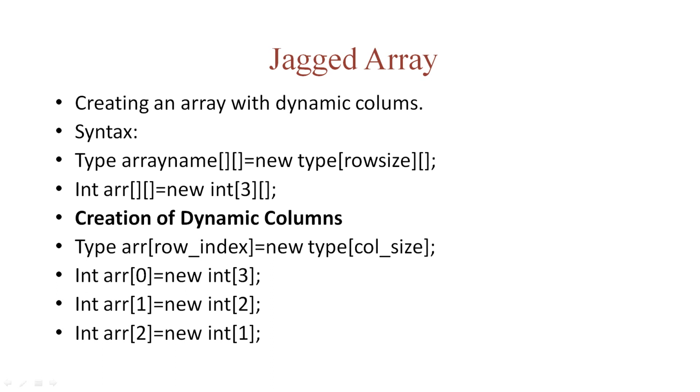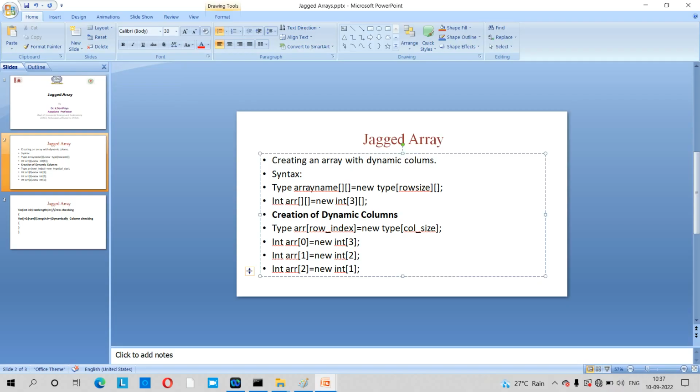So let us take int. No need of int also, since we have already declared the array here. No need of taking the type also. Directly we can consider it.